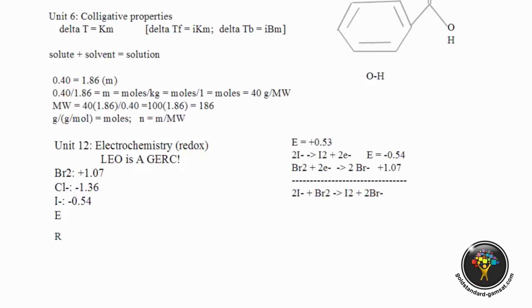So I'm looking for something that would be oxidized, which is a loss of electrons. I want to see something with the most positive value when it loses an electron. That's what I'm looking for. And when I see the most positive value when losing an electron, that's going to be the strongest reducing agent.